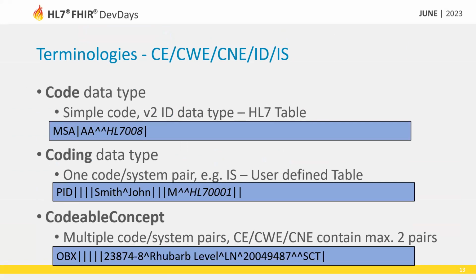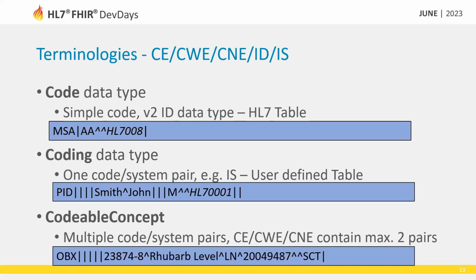Actually, in FHIR, we have 3 different data types to capture these concepts. We have code, coding, and codable concept. And a code is very simple. It's a bit like an HL7 table. Remember that tables in HL7 version 2 come in 2 flavors. We have HL7 tables and we have user tables.